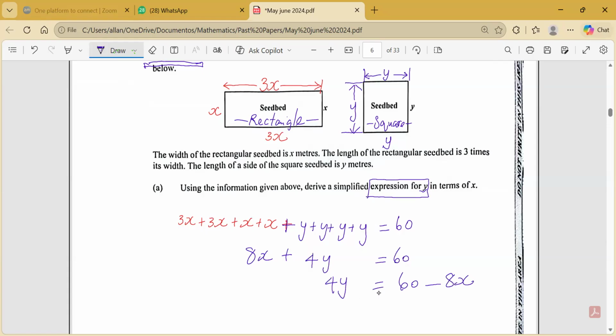So, Jenny, what do I have to do from here? I have 4y equals 60 minus 8x. What am I supposed to do from here, Jenny? Jenny, try something. That's all right.